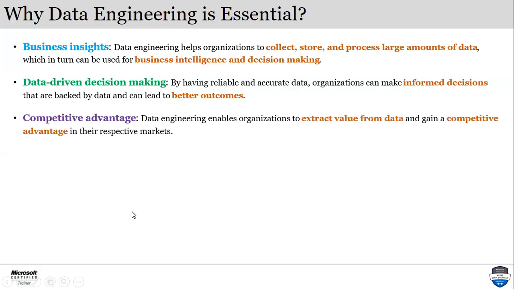Competitive advantage. Whenever they have the right data and analyze it properly, then only can they get the advantage in their respective market. Suppose a hospital competes with Apollo, or Pizza Hut, whose competitor is Domino's.